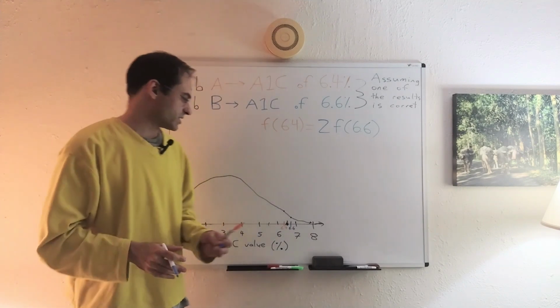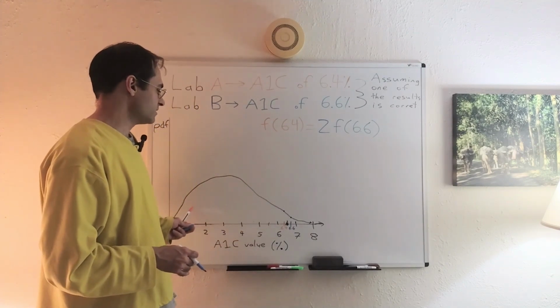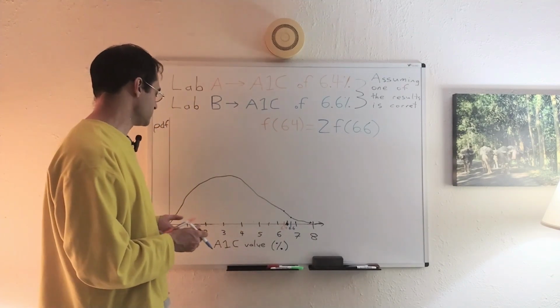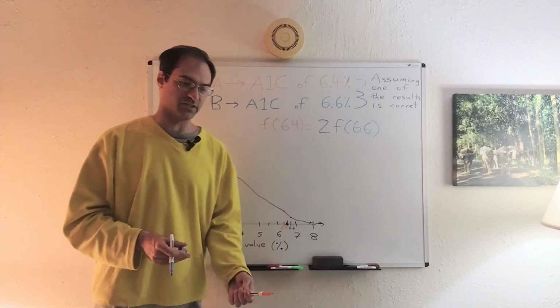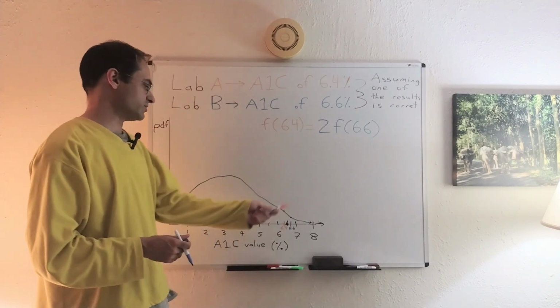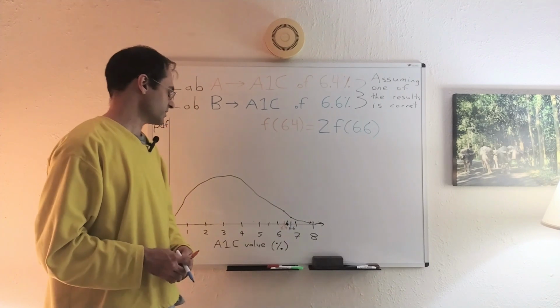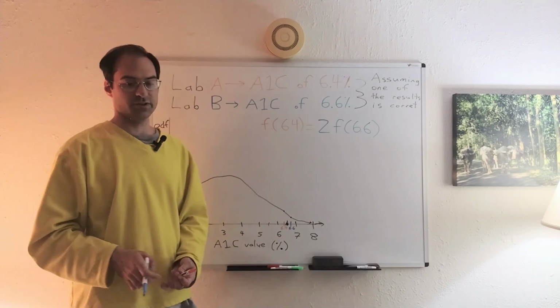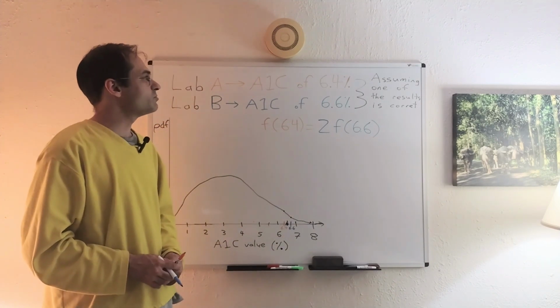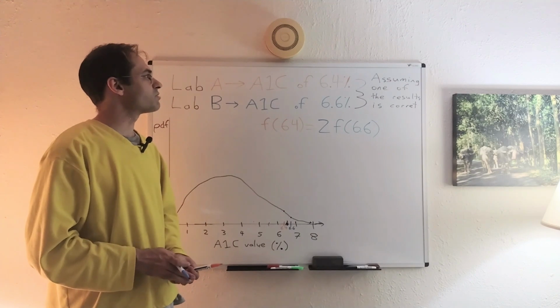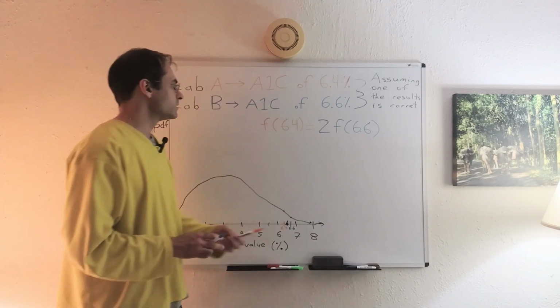So that's just another assumption, but that's because I don't know what the true underlying distribution looks like here, so I just drew something that I thought might look like the real distribution. So if we want to work out, well, what's the probability that A is correct?